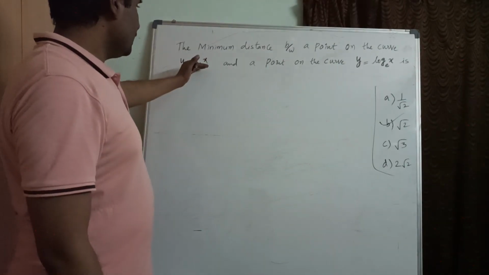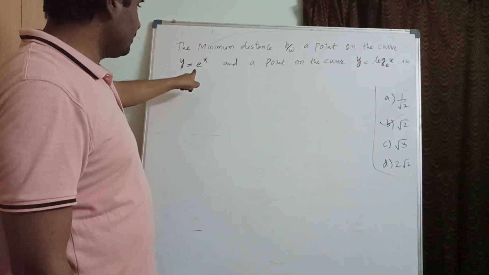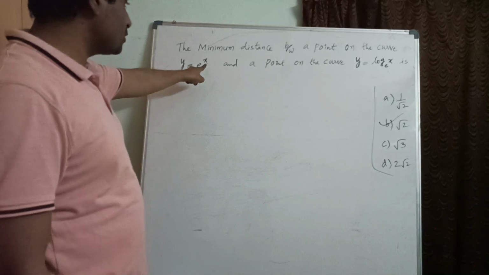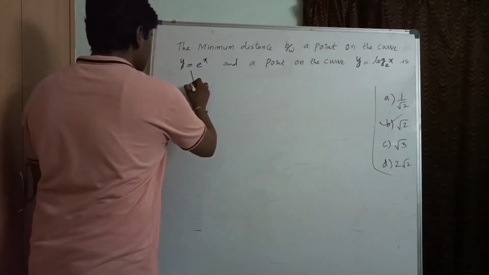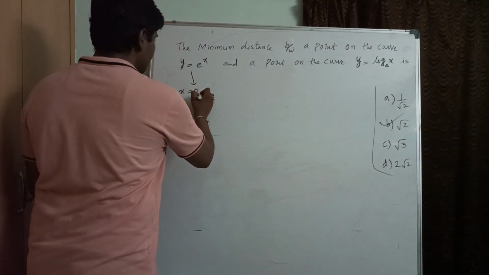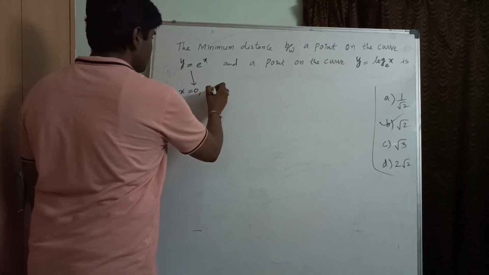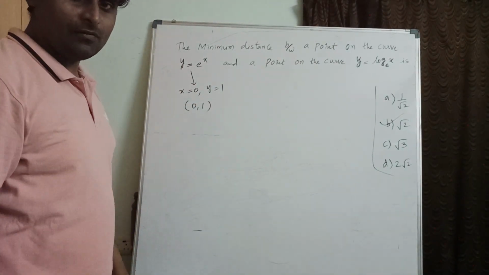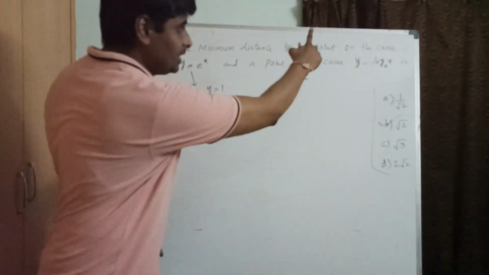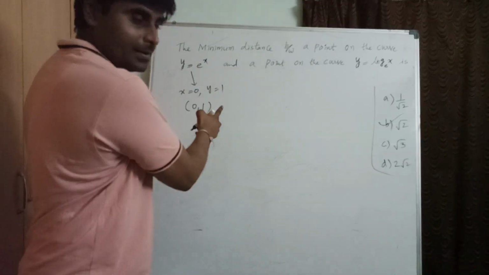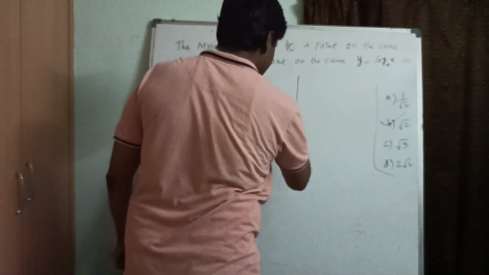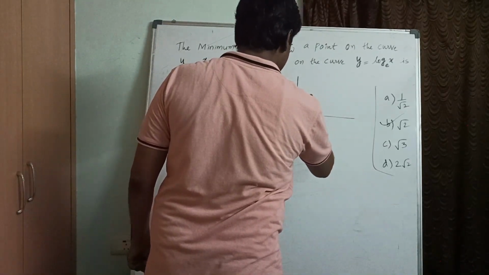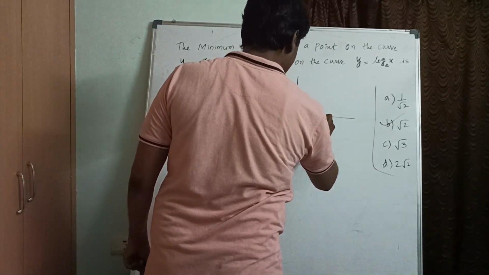because y equal to e power x. So what is the point of intersection? When I substitute 0 there, x equals 0, e power 0, what is y? 1. So y equal e power x curve passes through 0, 1. Correct? It's very easy. See here, this is 0, 1.